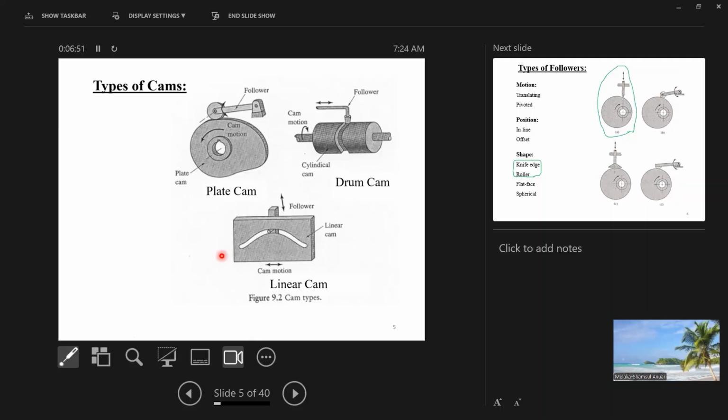You can have a cam in clamps or in something for a locking mechanism, locking devices. Usually it is between something that rotates and another rotating. But the more common one will be something that rotates, and the other one, the follower, will be in linear motion, same as this one.